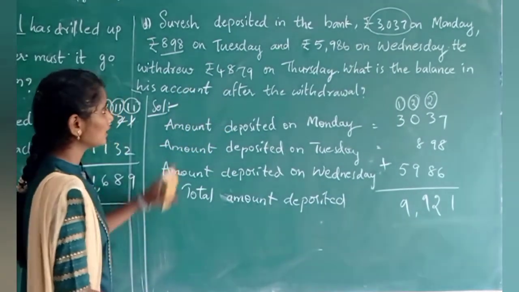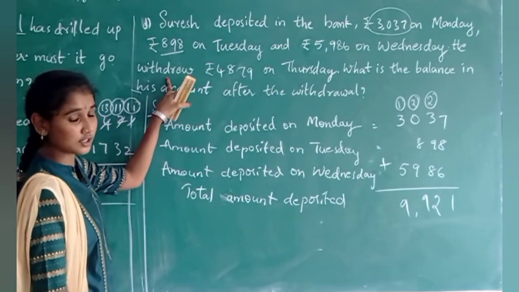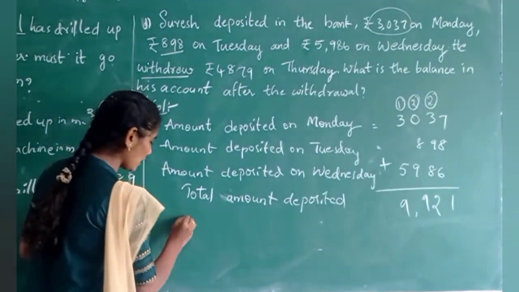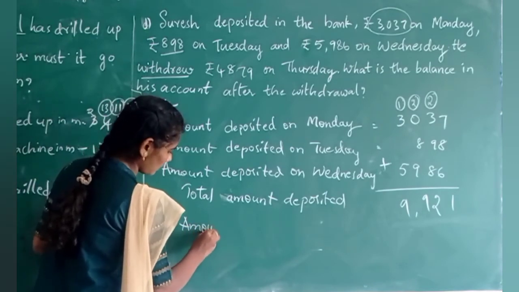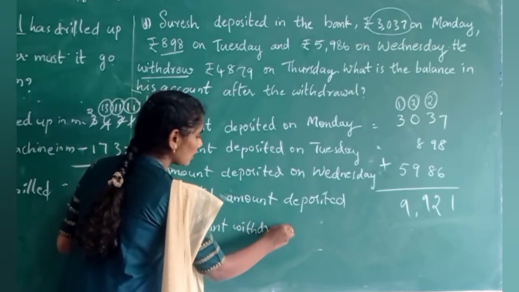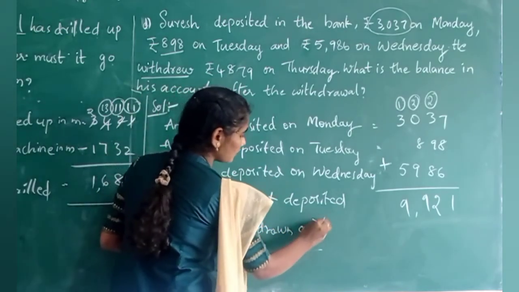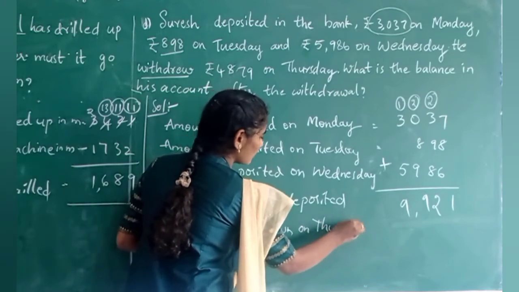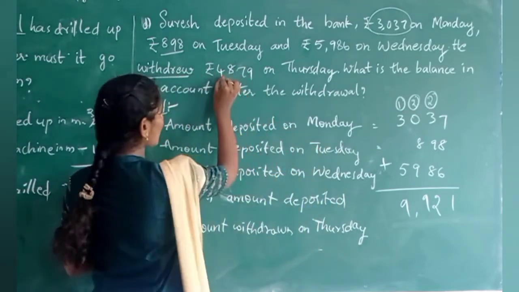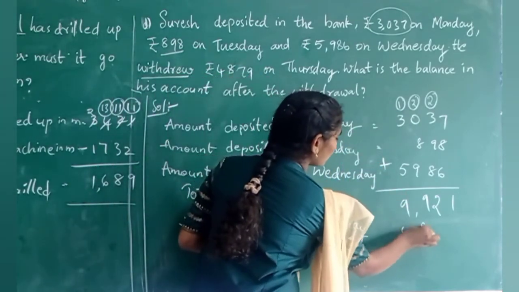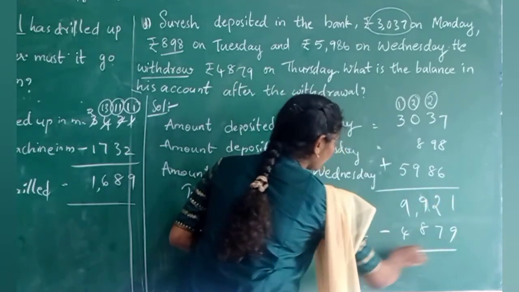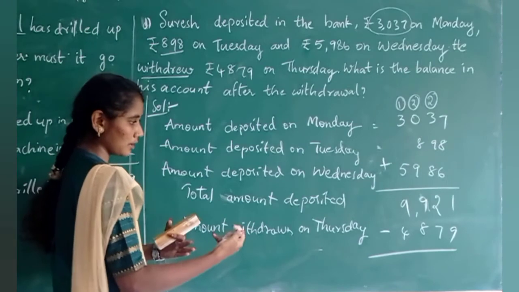Now, on Thursday he did not deposit; he withdrew. Withdraw means he took money from the bank. So the amount withdrawn on Thursday is 4879. Withdraw means he has taken, so we should remove it.